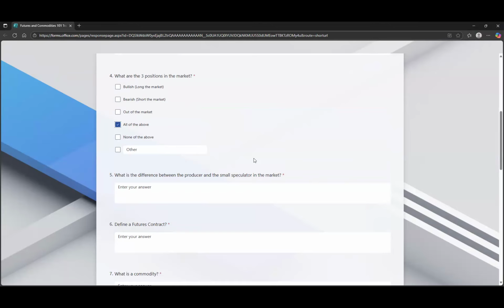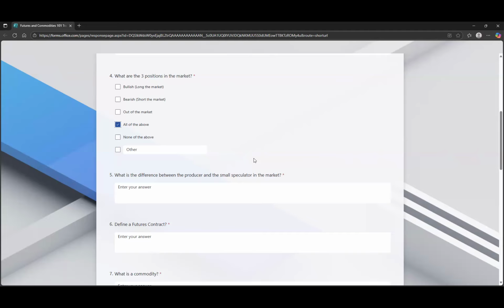Okay. So let's just see how much you know. Now, question 5. What is the difference between the producer and the small speculator in the market? The producer is a person like you, Mr. Scott.